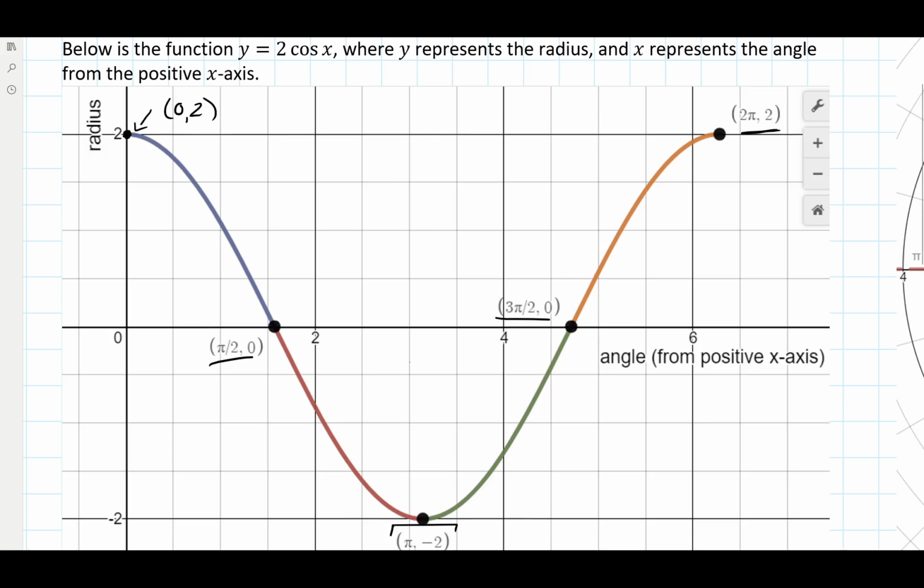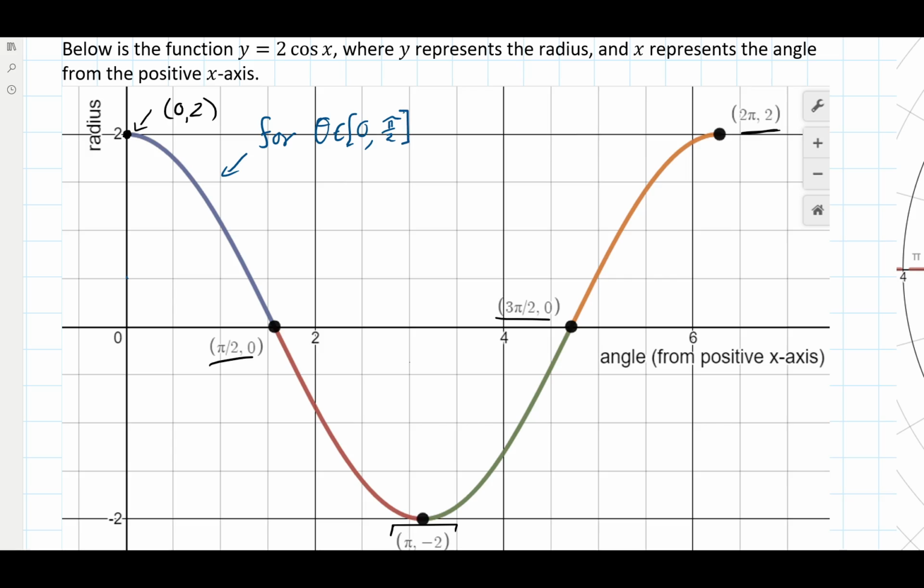So in this section right here, in blue, what's happening? I'll say for thetas, because the x here represents thetas, for thetas from 0 to pi over 2, we could say inclusive, that doesn't really matter here. What's happening?